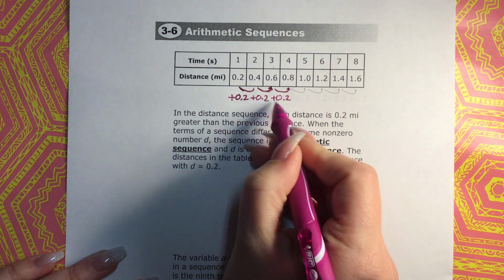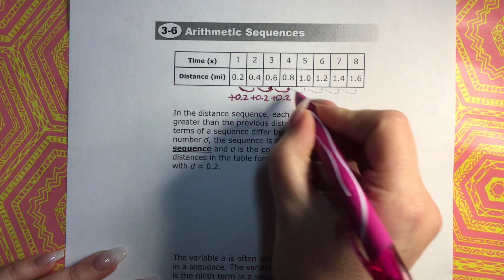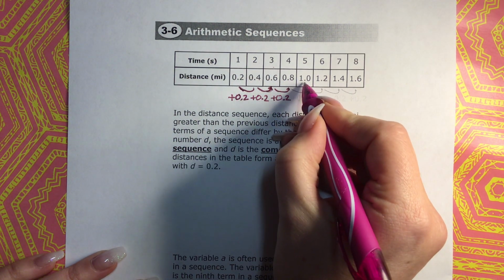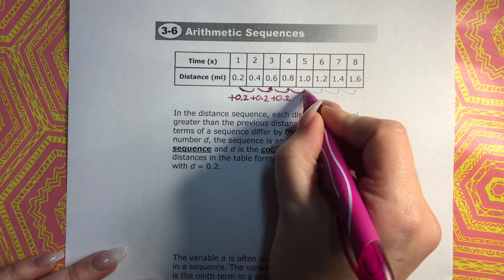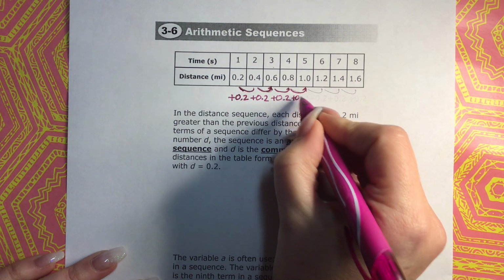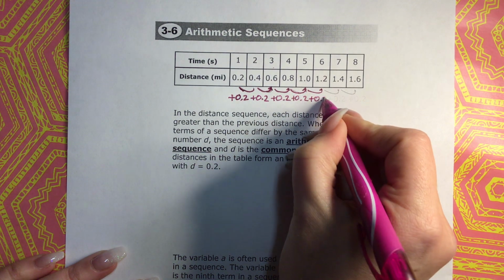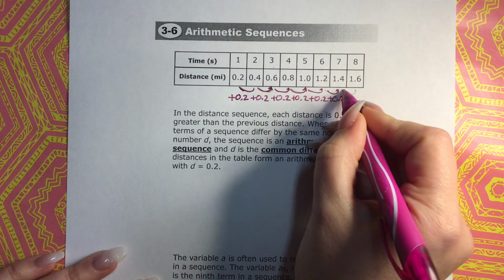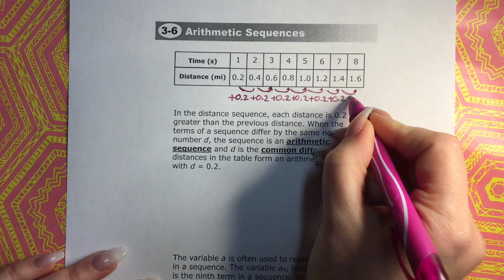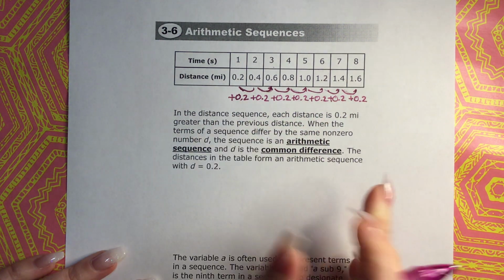It just looks like we're adding the same amount of distance for every second, right? So let's see what happens from 4 seconds to 5 seconds. Well, it's another plus 0.2, and so on, and so on. Okay? So you can see that it has this consistent increase of 0.2 of a mile.